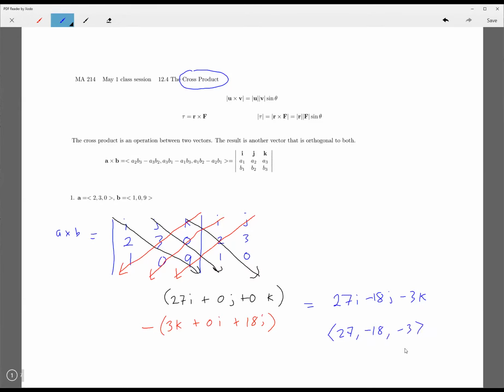So let's see if that works. I think I still had it on the other assignment, so it'll take me a little while to put this in here.